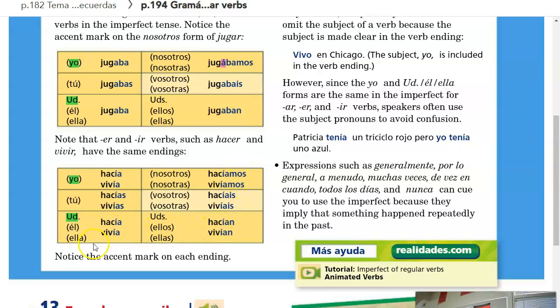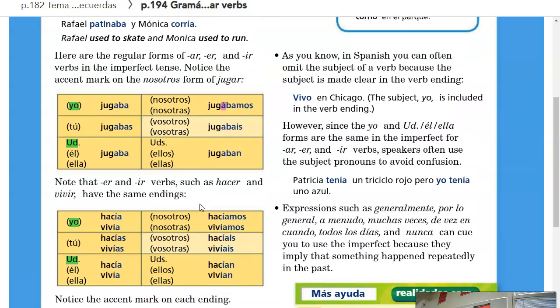Notice accents on each ending for ER and IR verbs. However, for AR verbs, only the nosotros form carries an accent. And then also the yo form and the ella form are the same, right? The endings for the yo form and the ella usted form are the same for AR, ER, and IR verbs. So that's what we went over together.